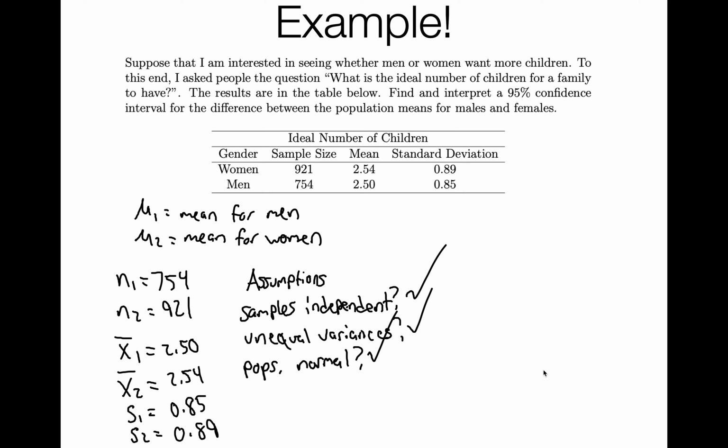So the formula is x bar 1 minus x bar 2 plus or minus some t-score times the square root of s1 squared over n1 plus s2 squared over n2. Okay? I'm not going to make you write out all of this. At this point, what we need to do is actually go to Minitab, okay, and plug in the numbers and see what comes out.